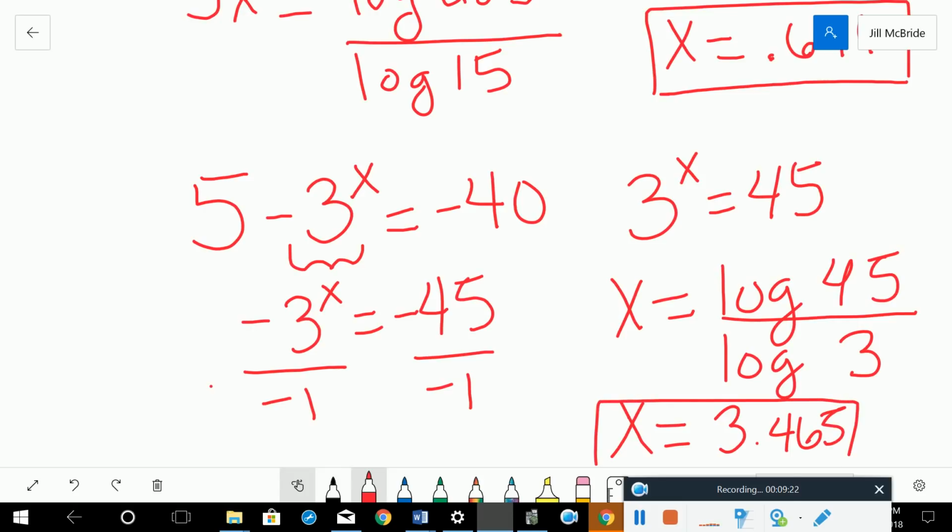And again, if you want to check that answer, you can go ahead and plug your answer back in and see what you come up with.